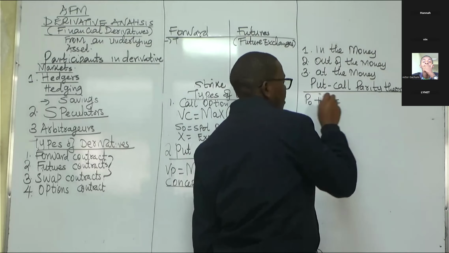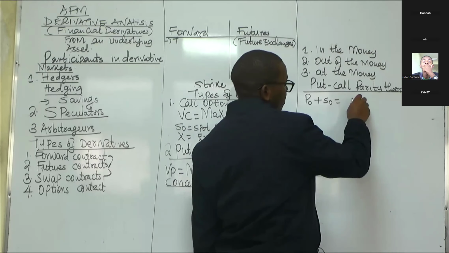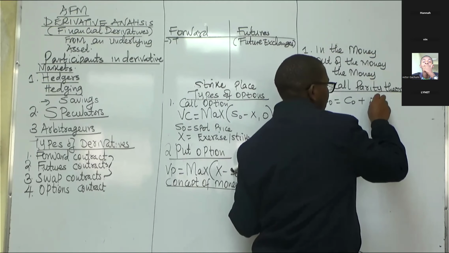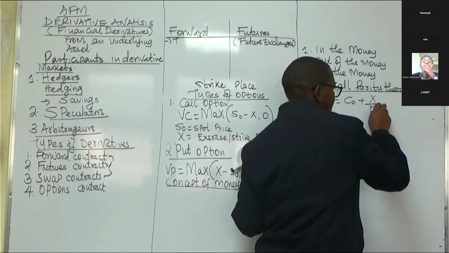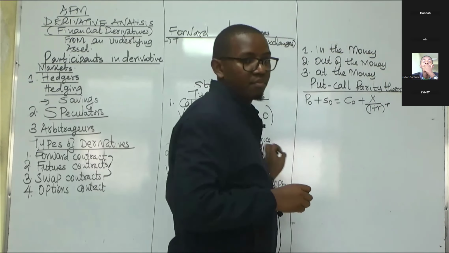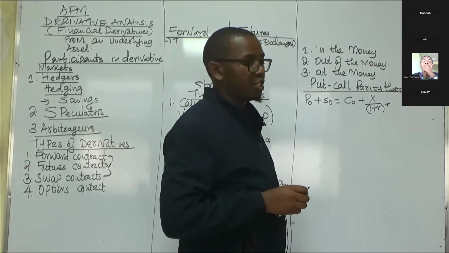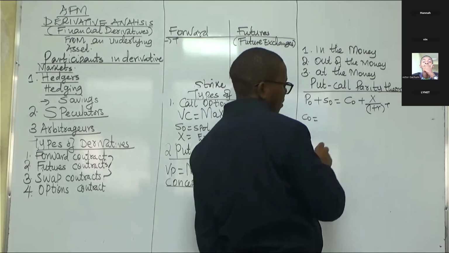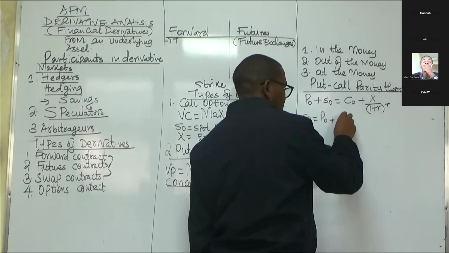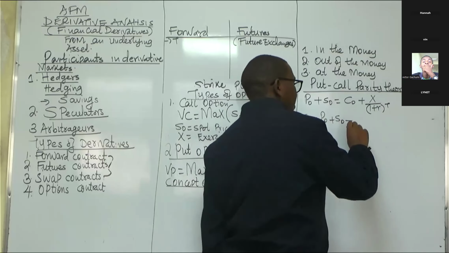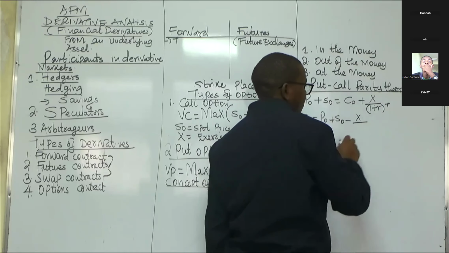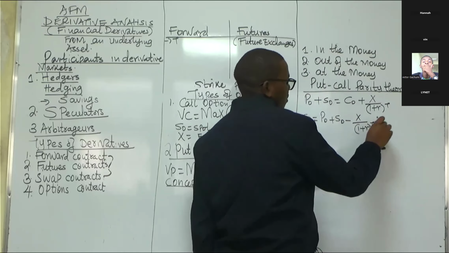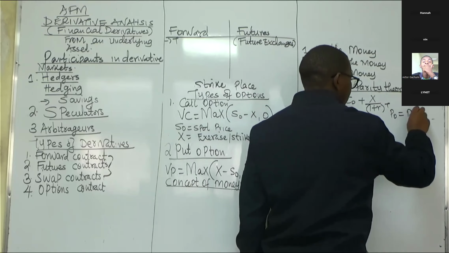Put price plus the spot price should be equal to the value of the call plus the exercise price over 1 plus R power T. So that means if I want to get the value of a call, I take the put price plus the spot price, minus the exercise price over 1 plus R power T.